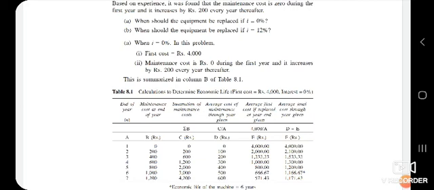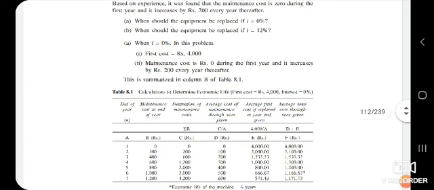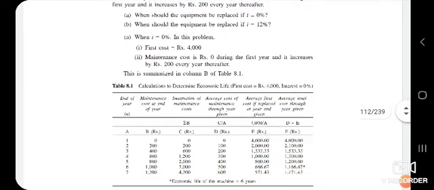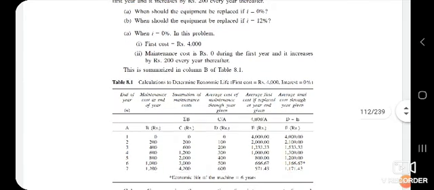Then the average first cost is 4,000 divided by 2, so that is 2,000. And the average total cost through year given is 100 plus 2,000, so 2,100.